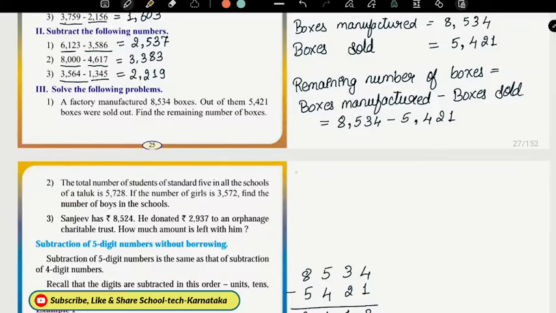So our answer, the remaining number of boxes, is equal to 3113. 3113 is the correct answer.